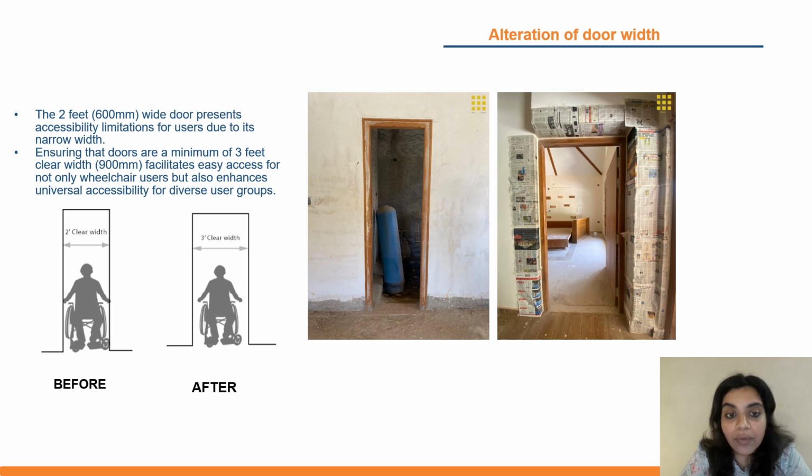We made a conscious effort, as per Harmonized Guidelines, to make the clear width, that is excluding the door frames, 3 feet, which is 900 mm, and made sure that the threshold is either clear, or if there is a threshold, it's not more than 20 mm.